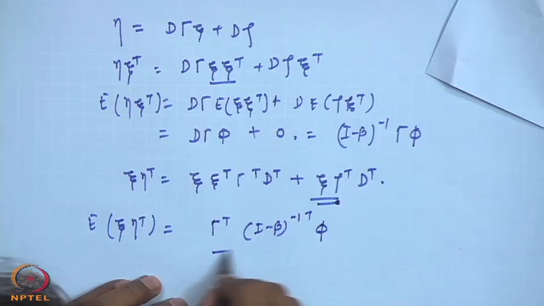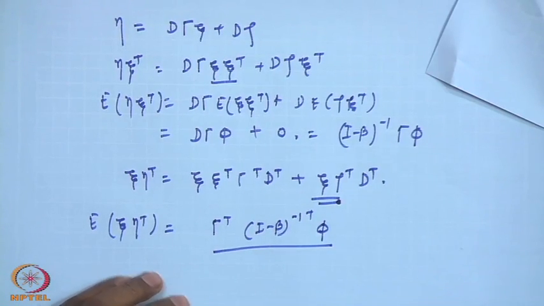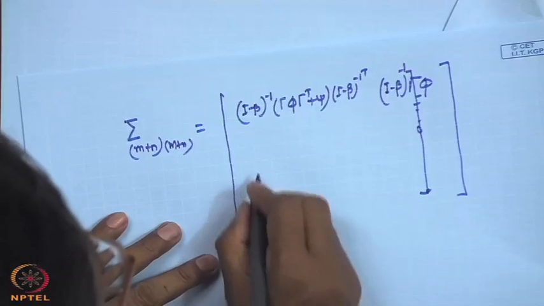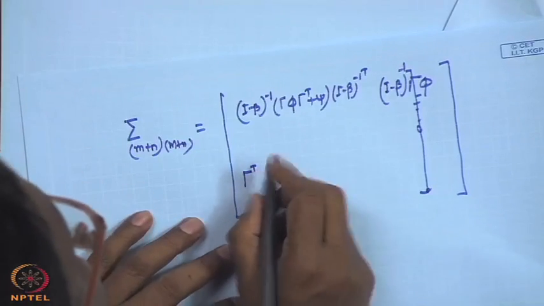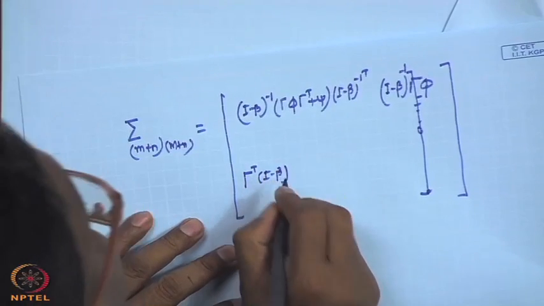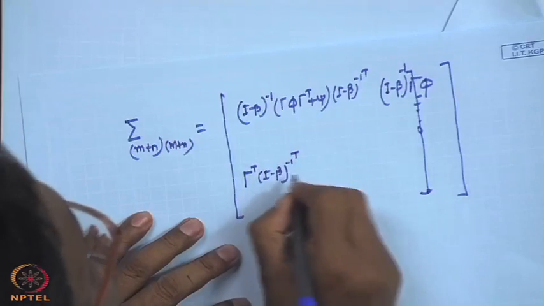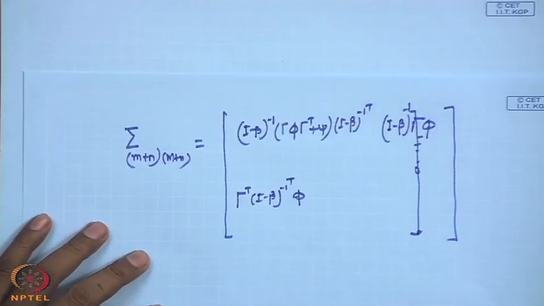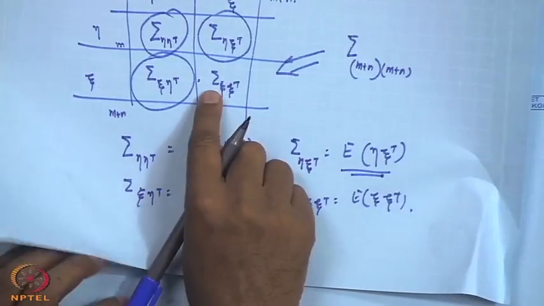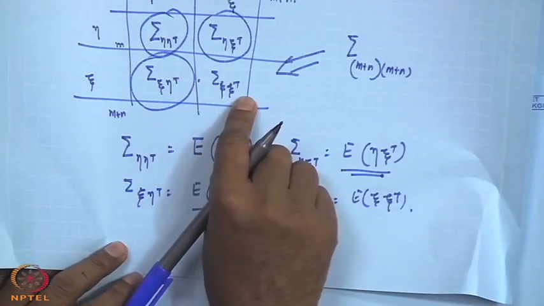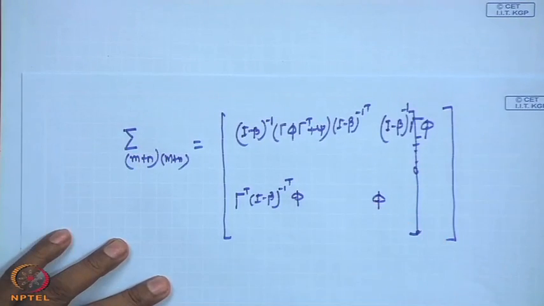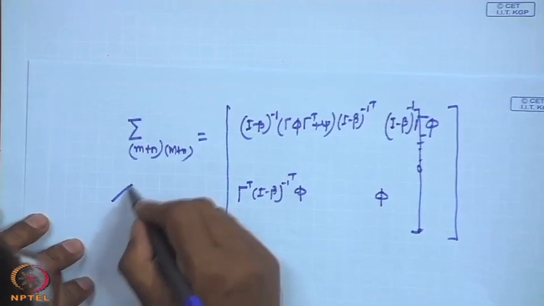So, I will write here in the covariance structure that this is phi gamma transpose I minus beta inverse transpose. Then the final one is xi xi transpose, whose expected value is phi. This is my covariance matrix.